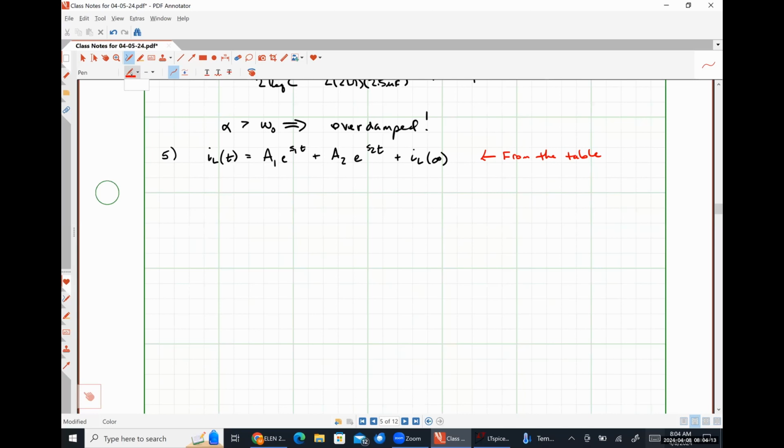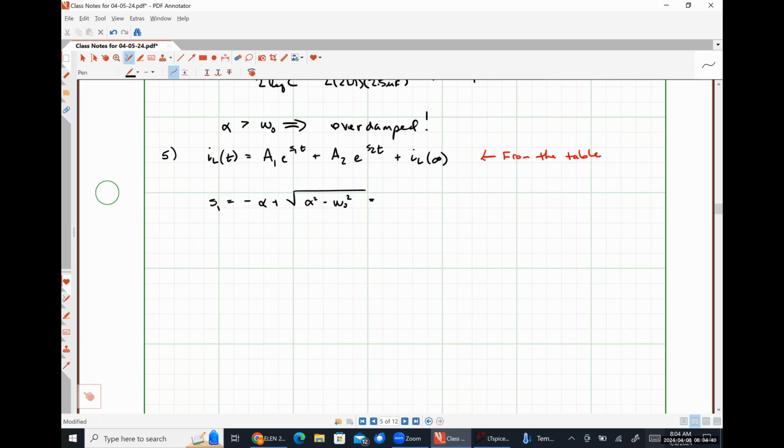So before we get too far into the weeds of this, we're going to need to know what S1 and S2 are. So let's go ahead and calculate those things, okay? S1 is, by definition, negative alpha plus the square root of alpha squared minus omega naught squared. So I'm going to go ahead and put that in my calculator.